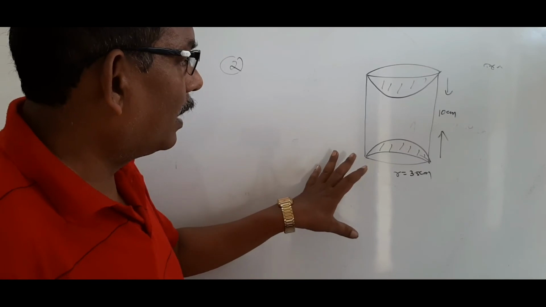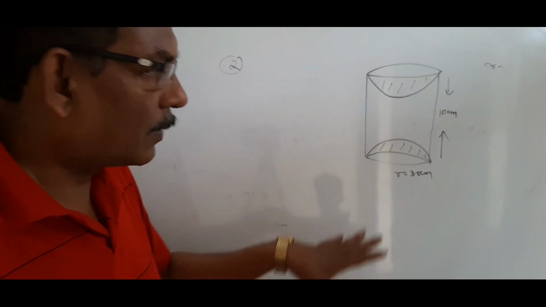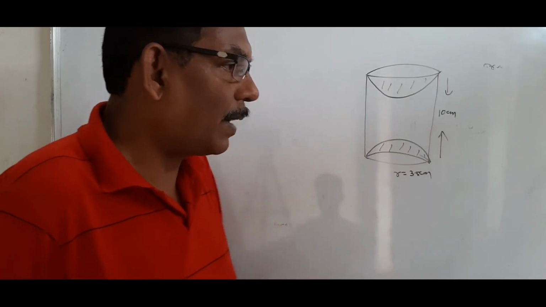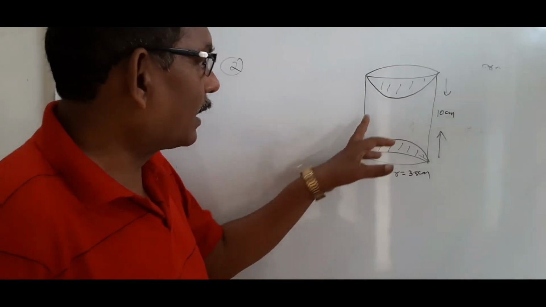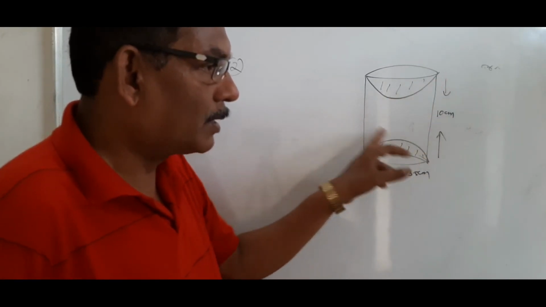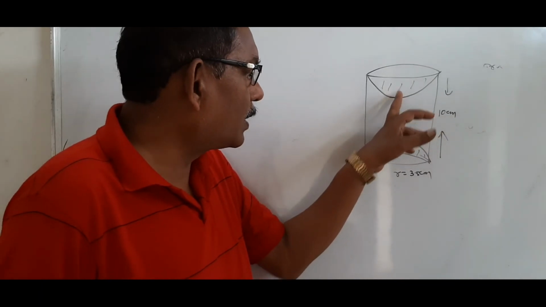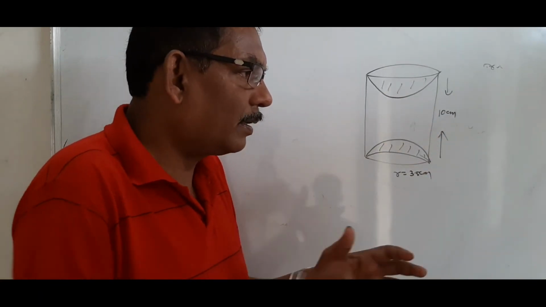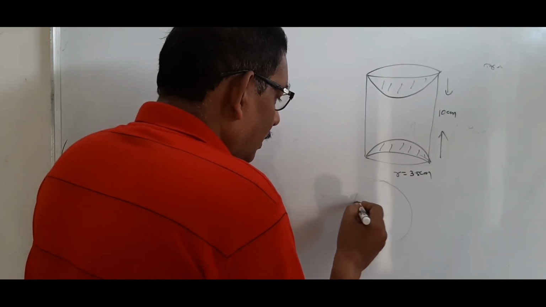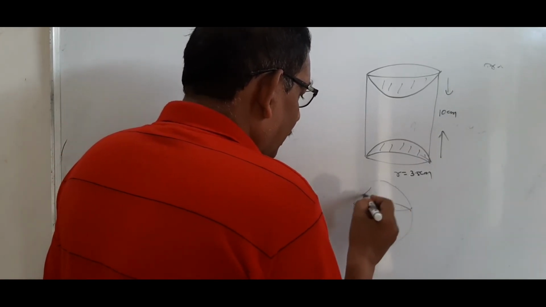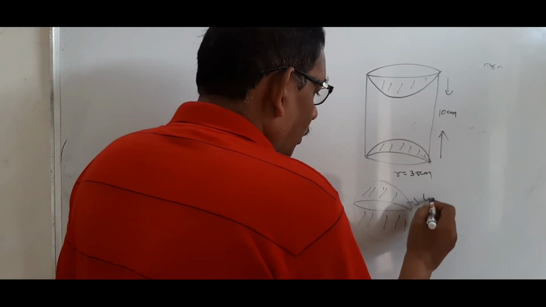You have to add the lateral surface area of the cylindrical part and the surface area of the hemispherical part. Here the two hemispheres, after combining, become a sphere, so this area is 4 pi r square.